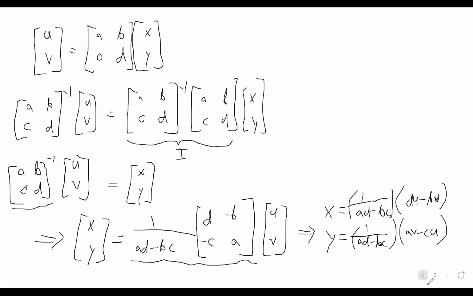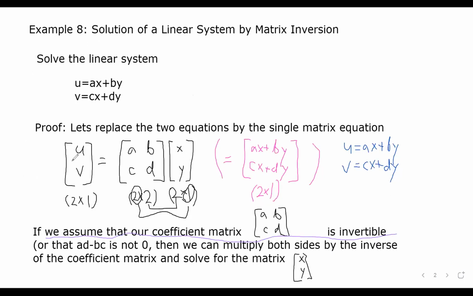Given a linear system, you can represent it as a matrix equation, and you're going to have a coefficient matrix like this. If that coefficient matrix is invertible, then you can solve the linear system in this way. If it's not invertible, then you have to solve it another way. I'm not saying this works in every situation.